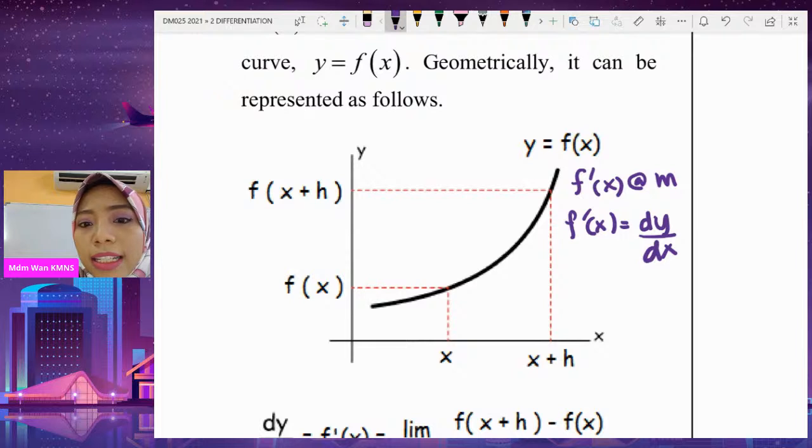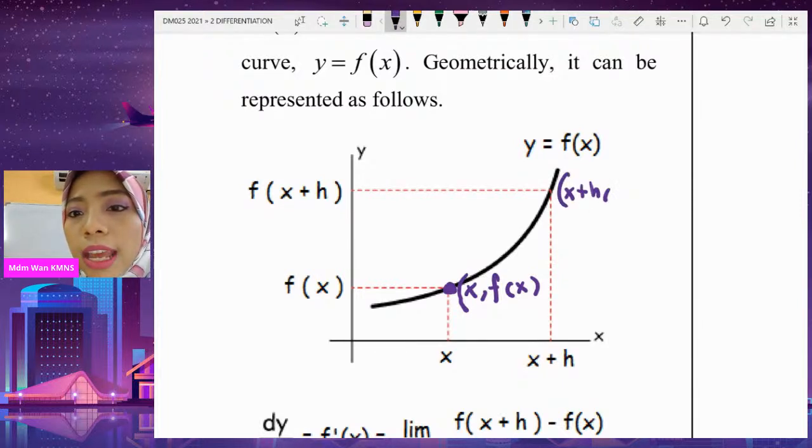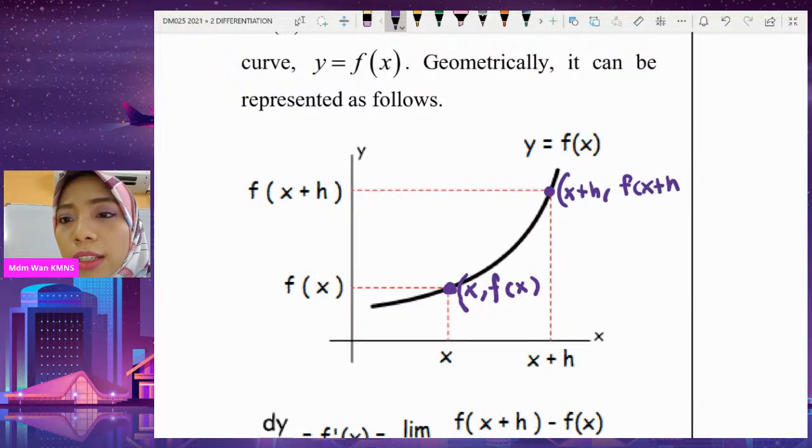So if you look here, this is x, f of x. I just write it in point form. I will erase this first because I need the space. This one is x plus h, the new x value at this point, and then this is f of x plus h.